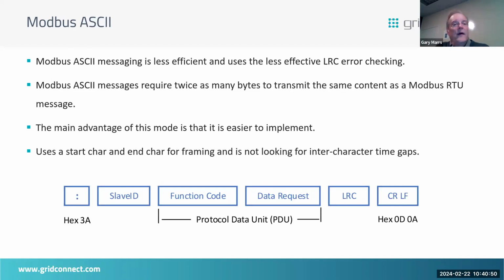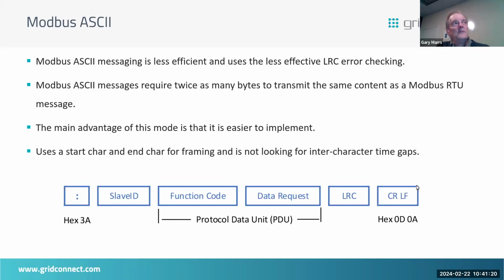Modbus ASCII, on the other hand, is not binary encoded. It uses straight ASCII characters to represent the data. And it uses a slightly less effective error checking called LRC. It's not time sensitive. So what it has to do is use a start of message transmitter, which is a colon. And then at the end of the message, it uses a carriage return line feed to terminate the message.